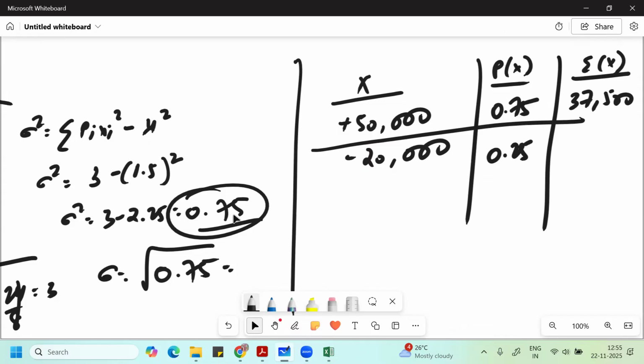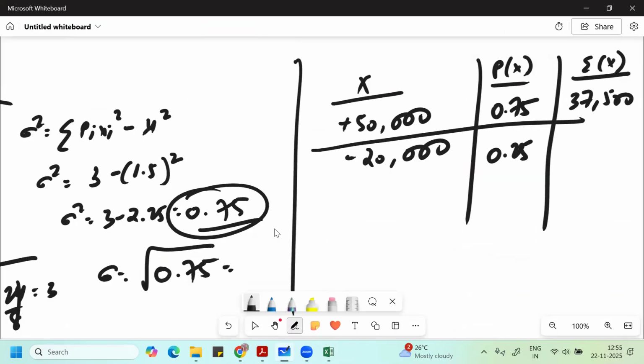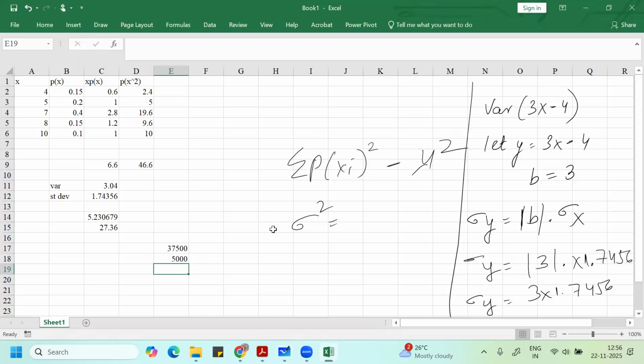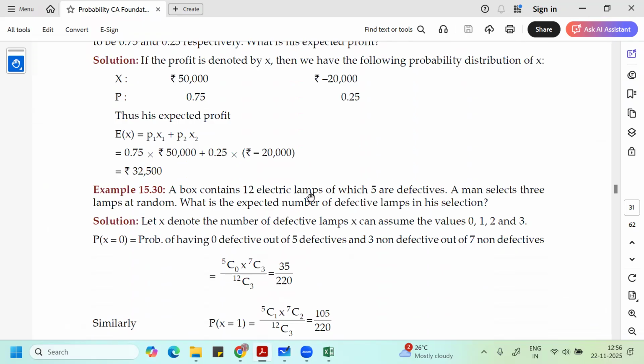And 0.25 into 20,000 is minus 5,000. So the expected value would be 32,500. Clear?